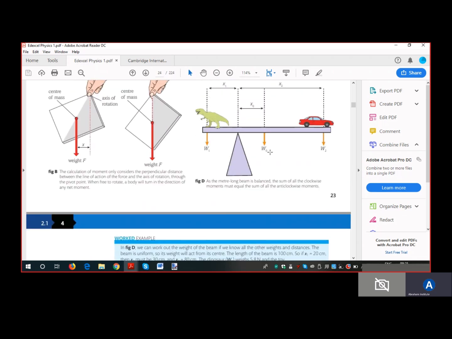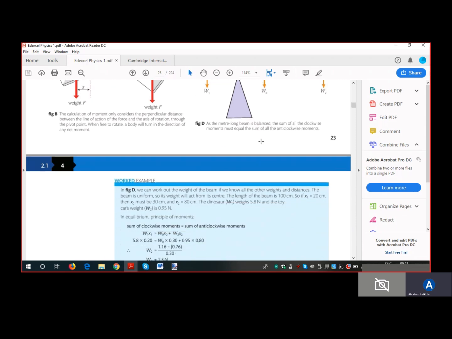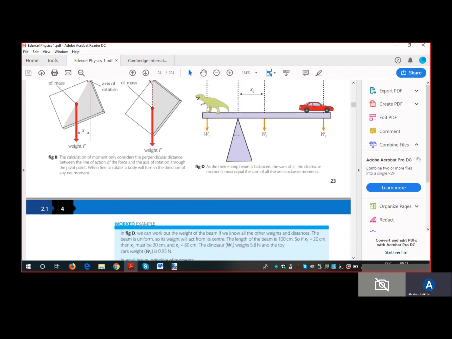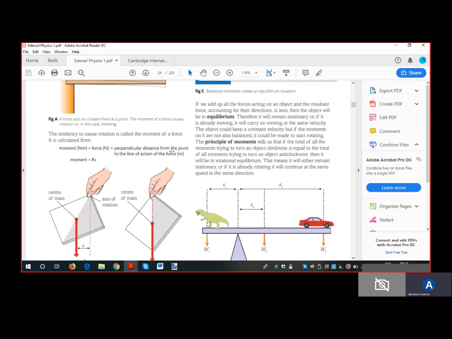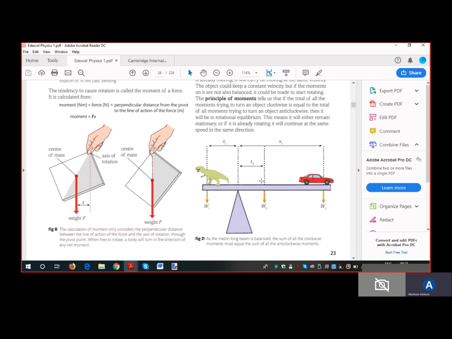Then W0x0 is the clockwise moment exerted by the weight of the plank about this point. Remember, the formula for moment is force times perpendicular distance. This is the force, and the perpendicular distance is the distance that makes a 90-degree angle with the line of action of the force.